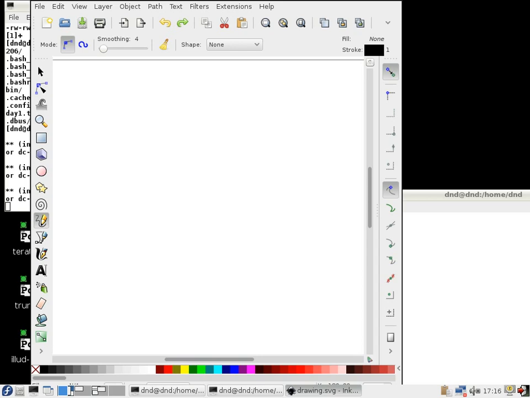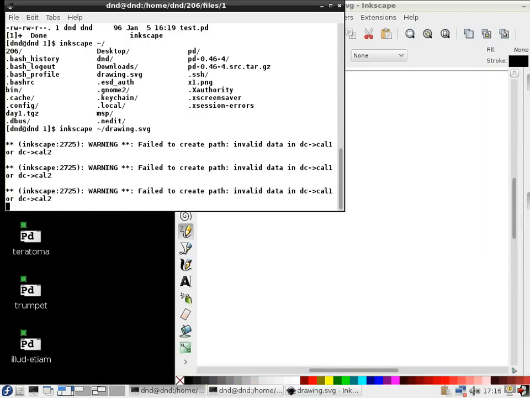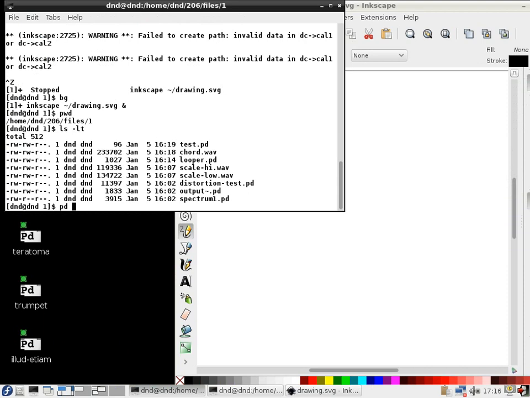All right, so what I want to do is have this going, then I want to have Pure Data running. Ooh, did that fix it? No, it did. Ha ha ha. All right, and now I'm going to get Pure Data up and running. And what side I'm going to put it on, I don't know. Let's go here. All right.